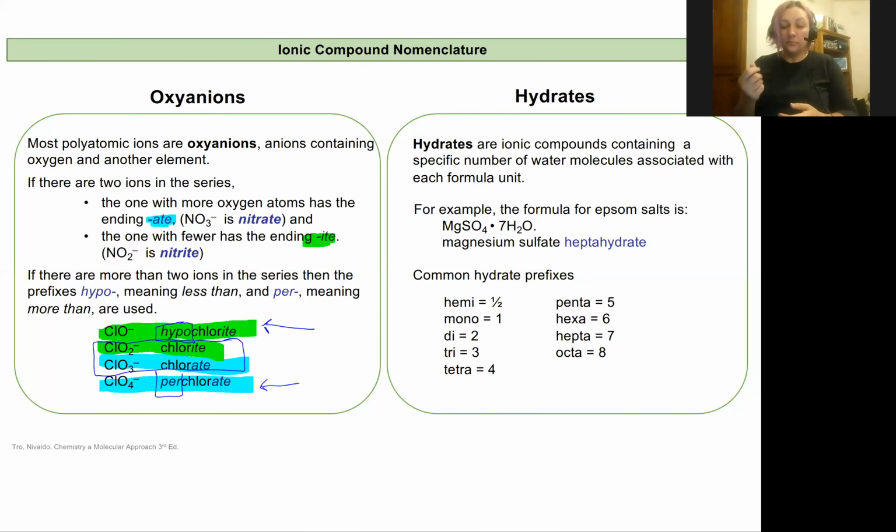When we know a consistent number of water molecules associated with a crystal in the solid state, we show that hydrate with a dot in the middle of the line, followed by the number of waters. So in this case, we're looking at magnesium sulfate heptahydrate, and that's how we're going to name it.